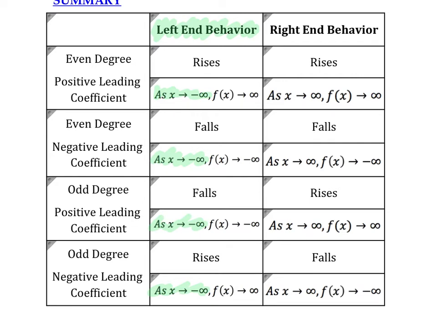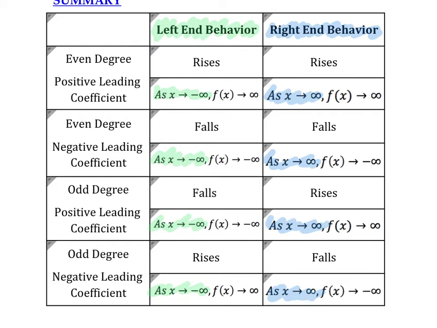Left behavior is always going to be "as x approaches negative infinity." The right side, when x gets super, super big, is "as x approaches positive infinity." That little arrow between the x and the positive infinity symbol is the math term for approaches, or goes to. So as x goes to negative infinity, or as x goes to positive infinity, that's math jargon for saying really far left, really far right.